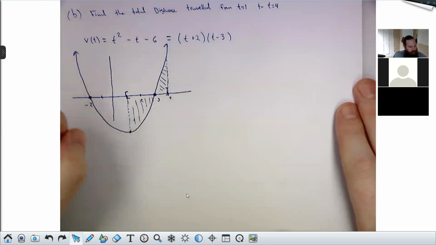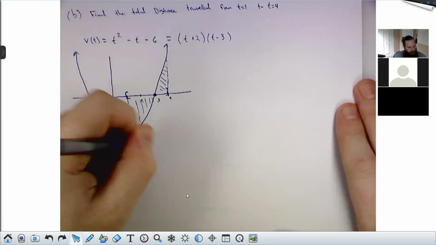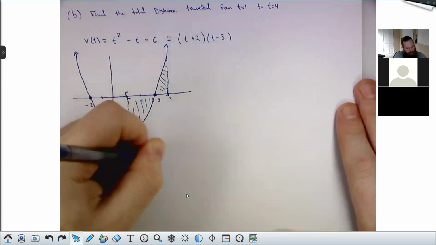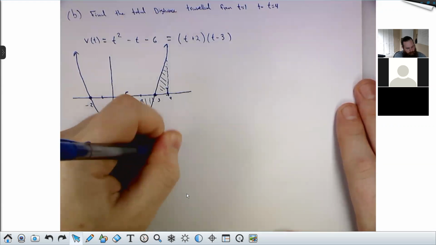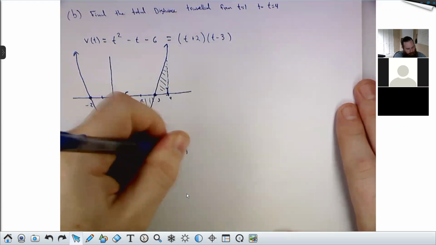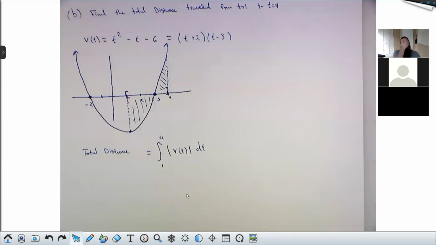So our total distance is the integral from 1 to 4 of the absolute value of v of t. Now, how do I make this work out so that I count this piece as positive rather than negative?